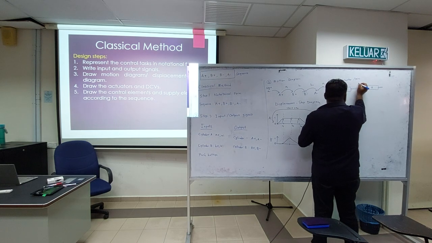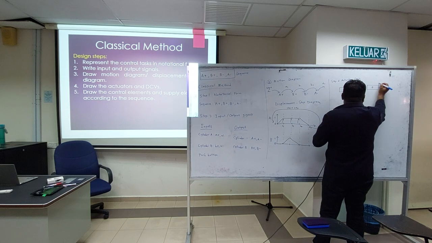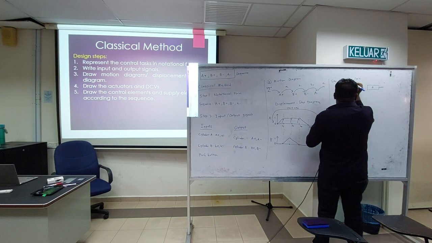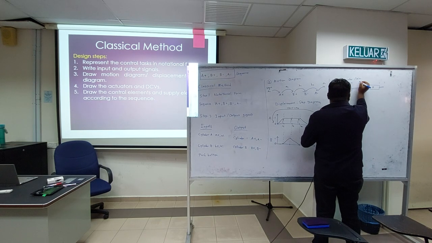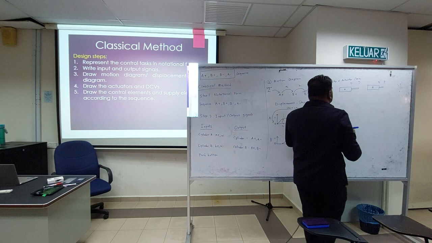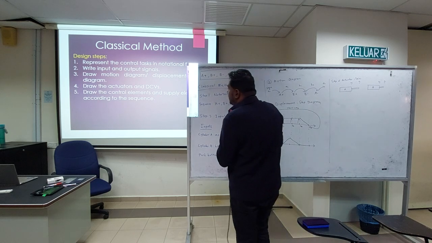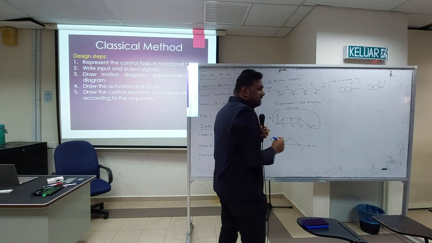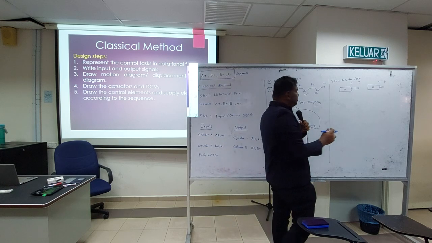So draw all the sensors first: A0, A1, B0, B1. Okay, so this is on the cylinder side. Each cylinder needs one.